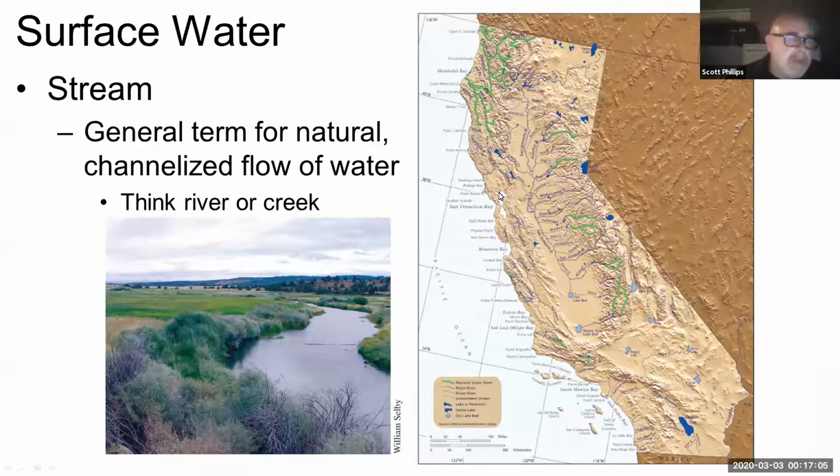In physical geography, instead of calling things a river or a creek, we often call all of these things stream: any kind of natural flow of water that is confined within a channel. This is a figure from your book showing different major streams of California, including, for example, the San Joaquin River.